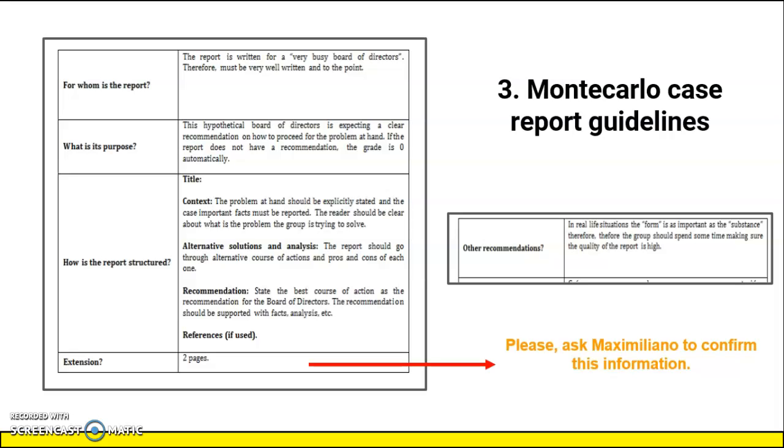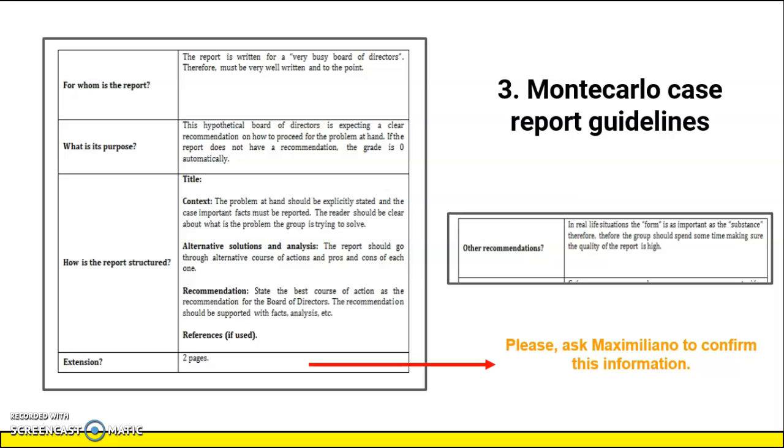And in terms of the other parts of the report, you are expected to provide a title, again, to have this context or introduction where you mention explicitly the aspects of the case and the facts that are to be reported.